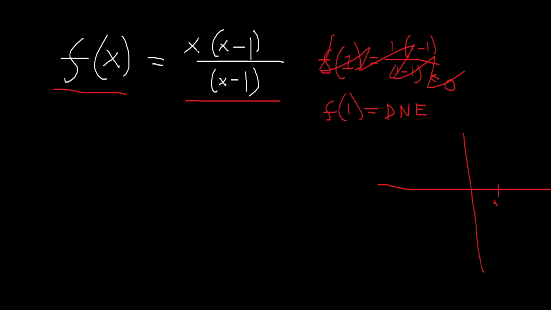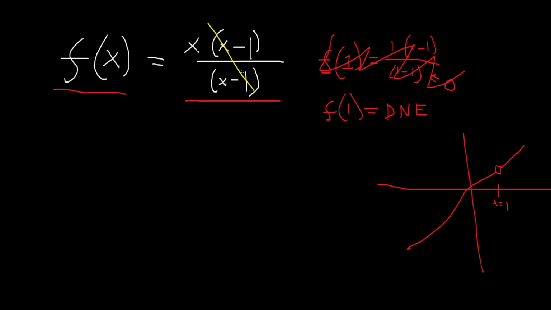I'm sorry, that was very silly of me. So at x equals 1, we're not allowed to ignore the fact that we are dividing by x minus 1. So even though these cancel pretty much everywhere, they don't cancel at x equals 1, because I'm dividing by x minus 1.